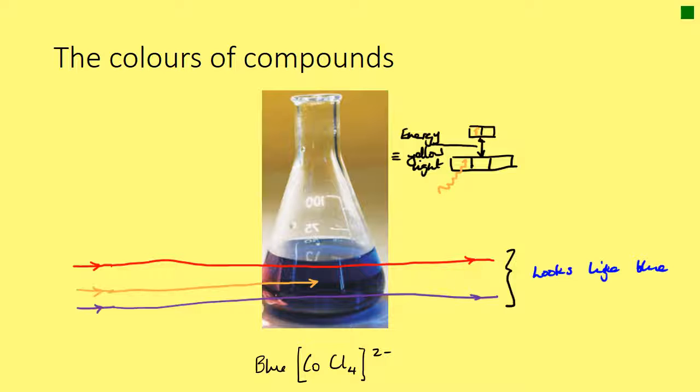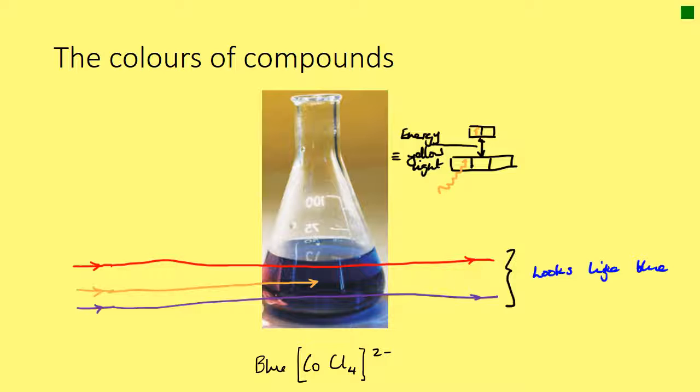So this yellow light has shone onto one of these electrons and promoted it to a higher energy level, and has therefore been absorbed. So the yellow light has been absorbed and stays there, and so it doesn't come through the solution.